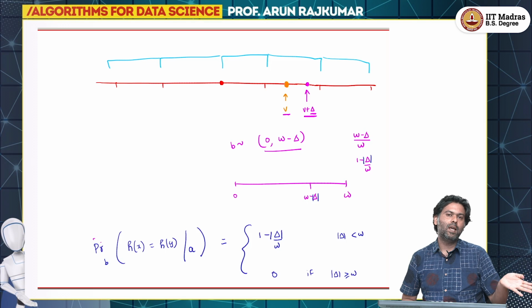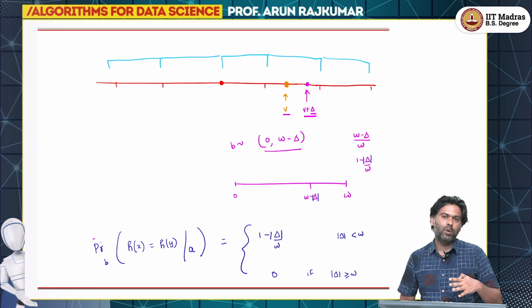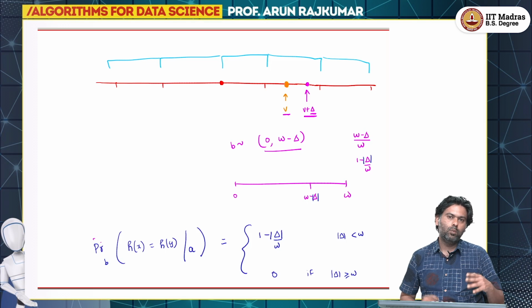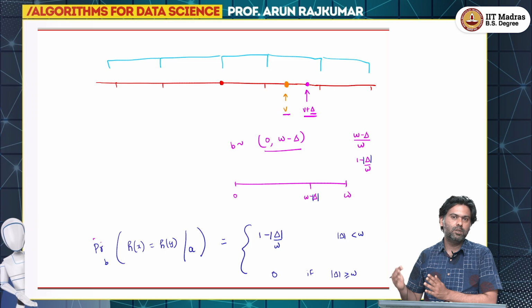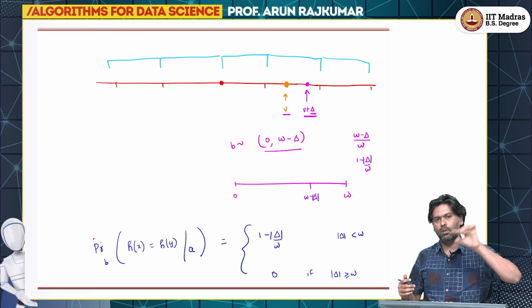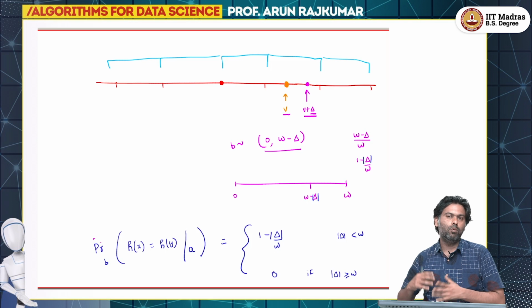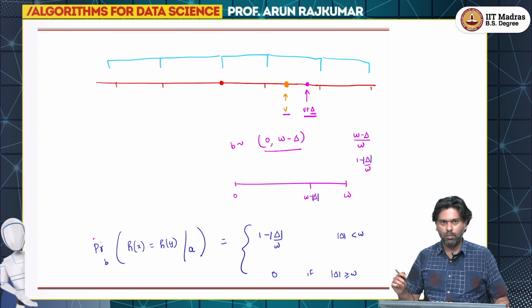If A transpose x and A transpose y are fixed, which means delta is fixed, then delta is going to eat up some space, and the remaining part is what is left for B, which is 1 minus delta by W.